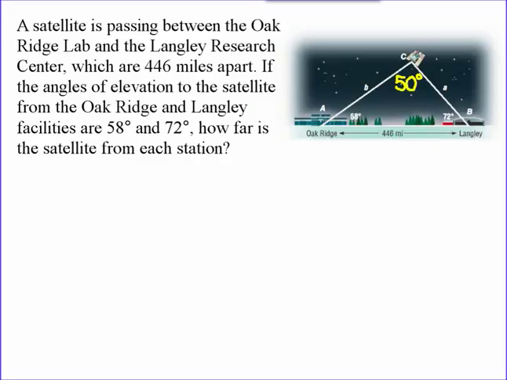So first thing, let's find how far it is from Oak Ridge. To find how far it is from Oak Ridge, I'm going to go sine of 50 divided by 446 equals sine of what, if I want to find how far it is from Oak Ridge?